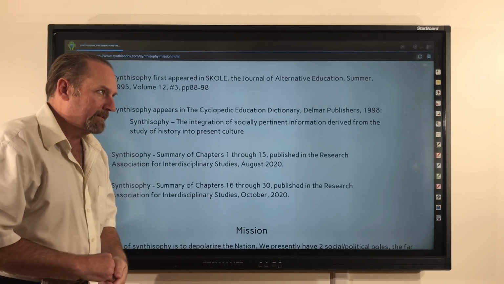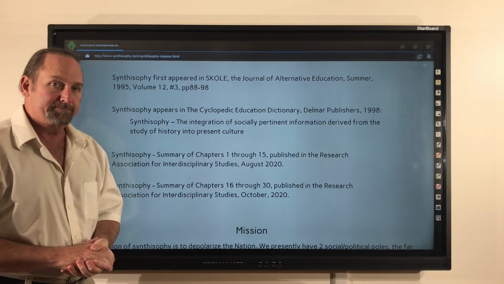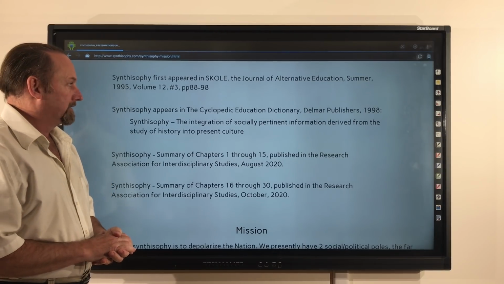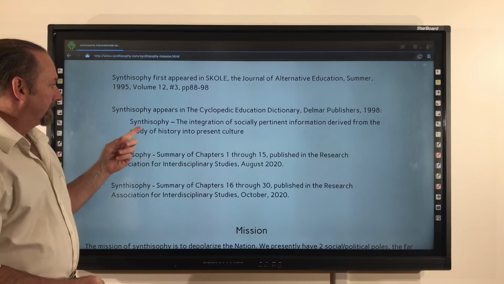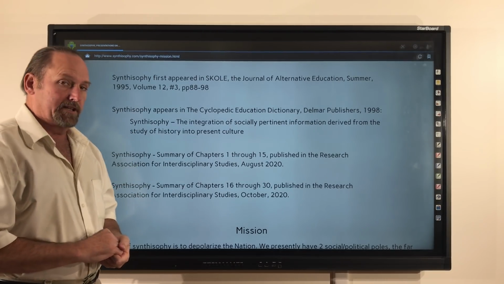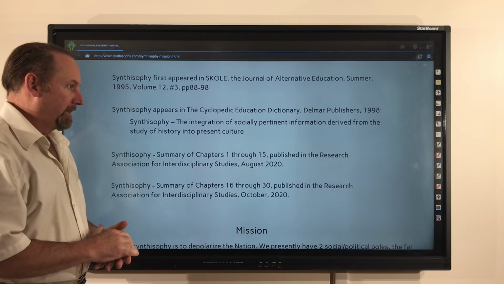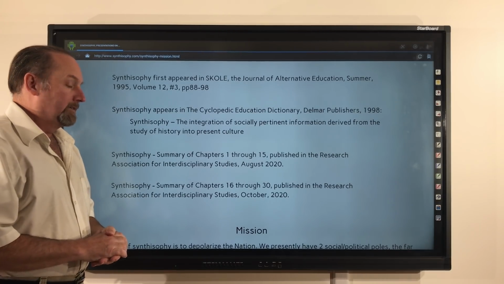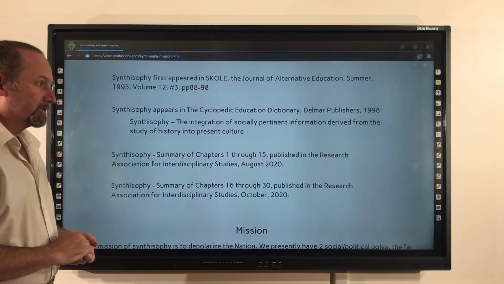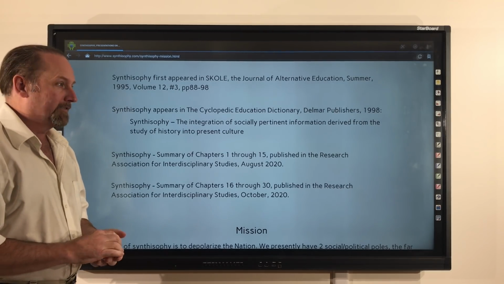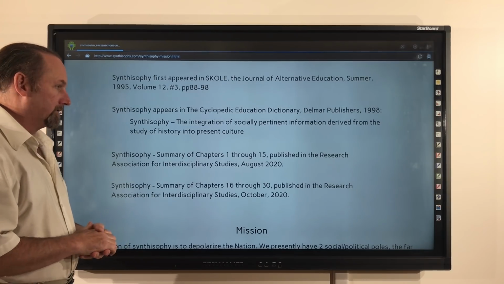Synthisophy first appeared in Skole, the Journal of Alternative Education, in the summer of 1995. Synthisophy appears in the Cyclopedic Education Dictionary, published in 1998, with this definition: Synthisophy, the integration of socially pertinent information derived from the study of history into present culture.